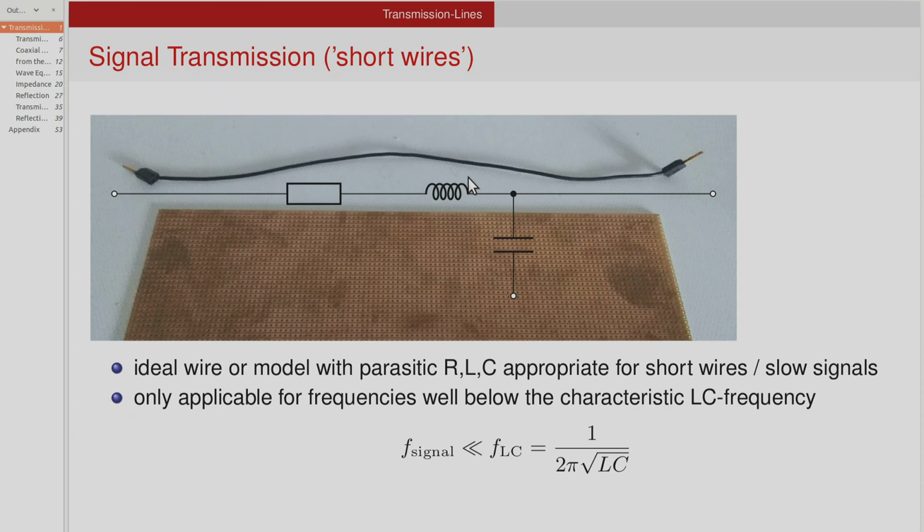Then you should start worrying: does it really matter where this capacitor is? Should it be here or should it be there? Should I have several, more than one, and so on? So this simple picture will only work when your signal frequency is much smaller than the LC frequency of this resonator. Then, if that is the case, you can model a wire like this.